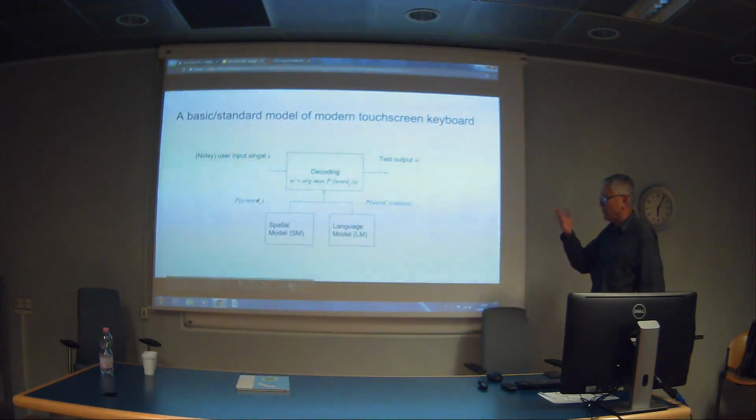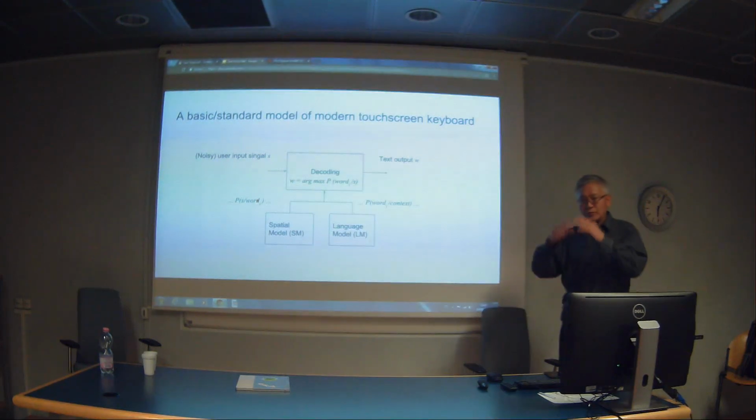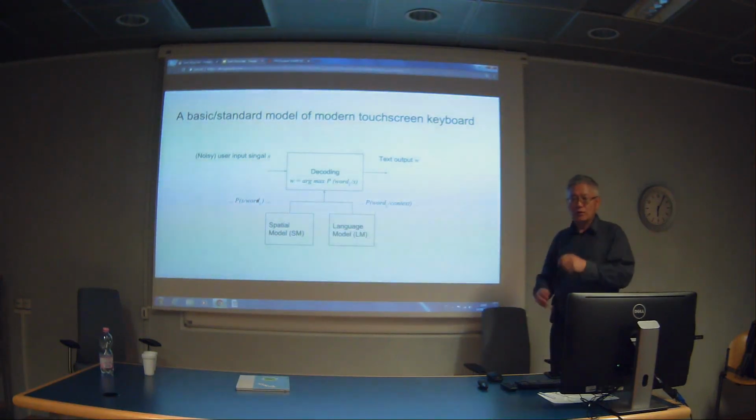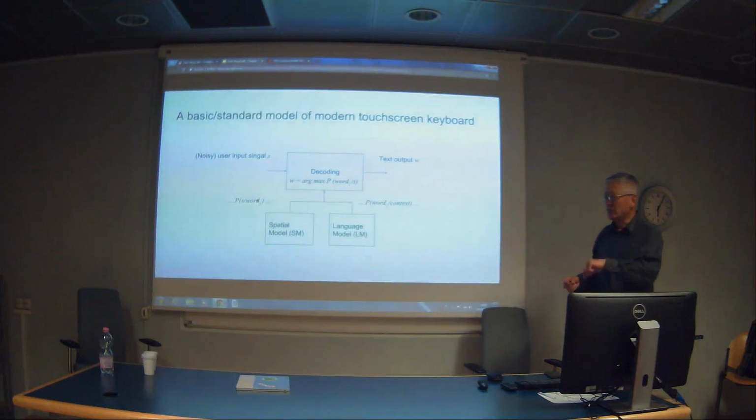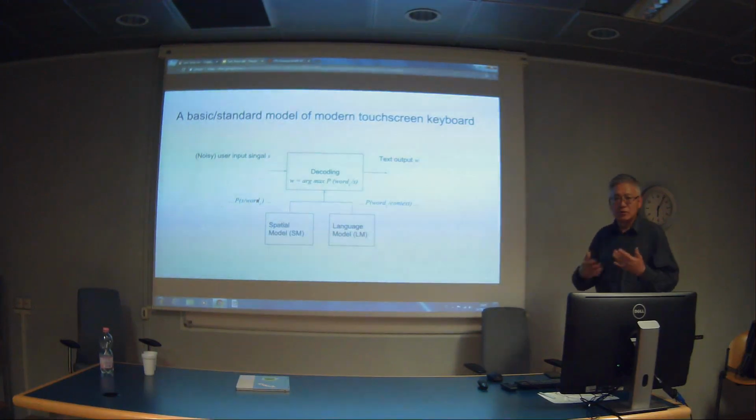here I call it a spatial model. In the speech recognition field, it's called an acoustic model. The idea is that for each word in the system, we know their spatial signal distribution in some way. And that can be a neural network model, or it can be a simpler spatial model.